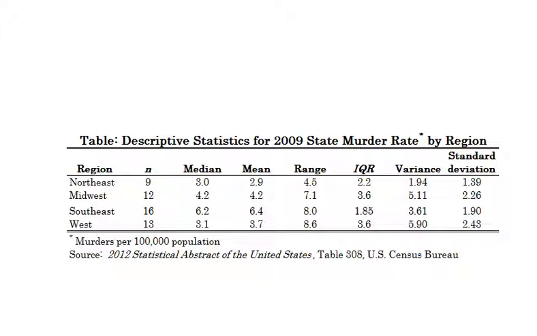In fact, the variation is a little bit larger when we look at the standard deviation than the northeastern region, and smaller than what we see in terms of the Midwest and western states. This indicates that while the Southeast may on average have state murder rates that are higher than the other regions, there's a fair amount of uniformity or homogeneity among the southeastern states in terms of the low standard deviation of 1.9.